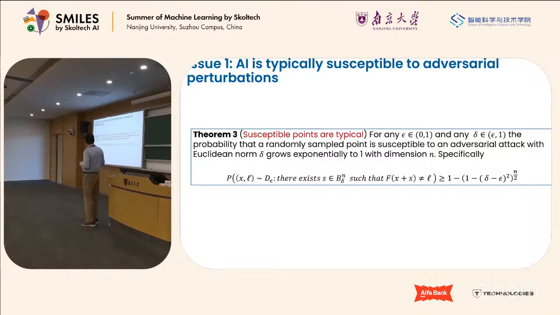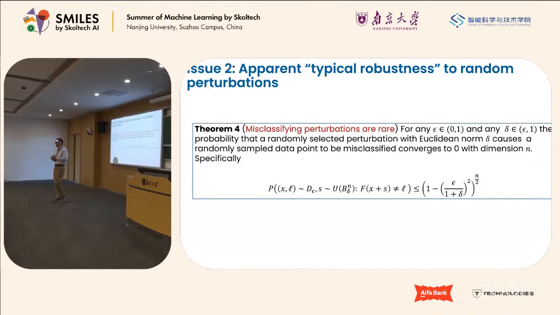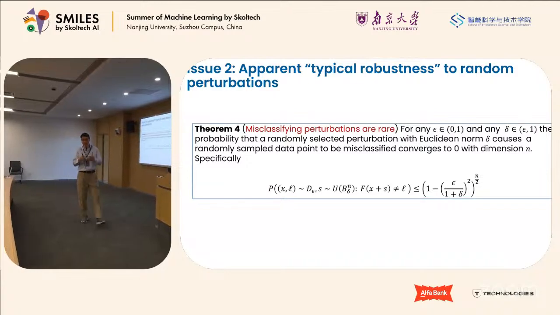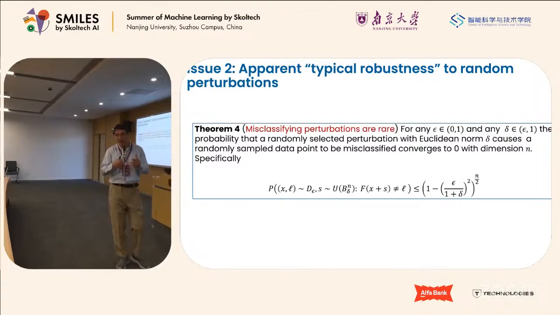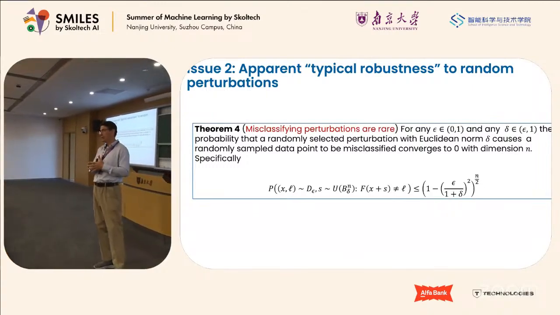Now, here comes the interesting twist and the punchline. The models are susceptible to adversarial attack, but when I add random perturbations, these models are remarkably stable.